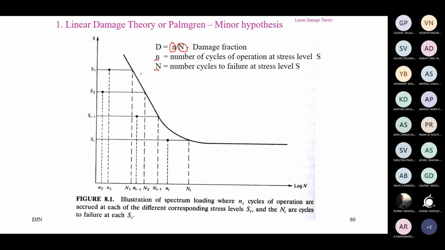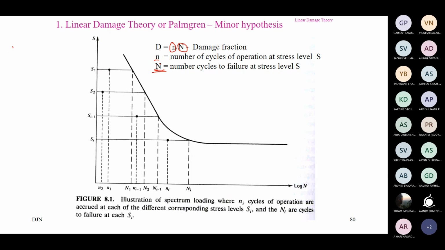It is straightforward, understood in a physical meaning. So what is capital N? Capital N is the total life a component is going to give you when you apply a certain magnitude of load.